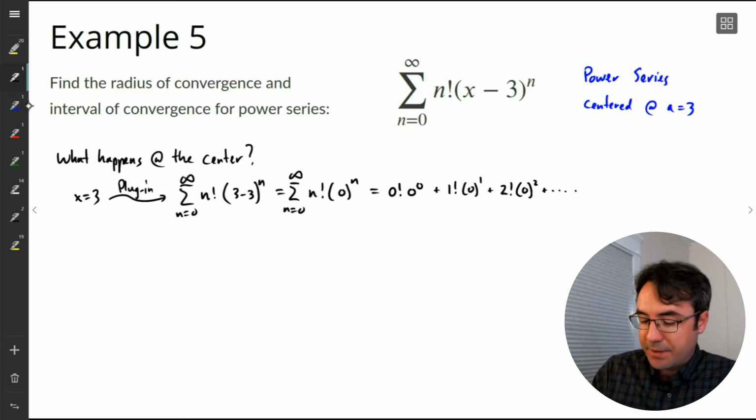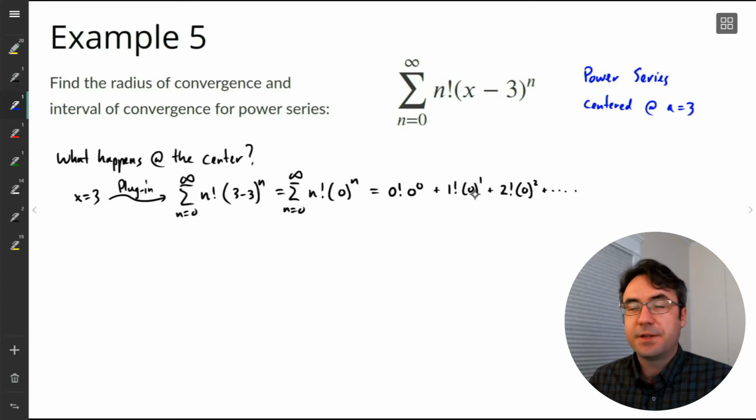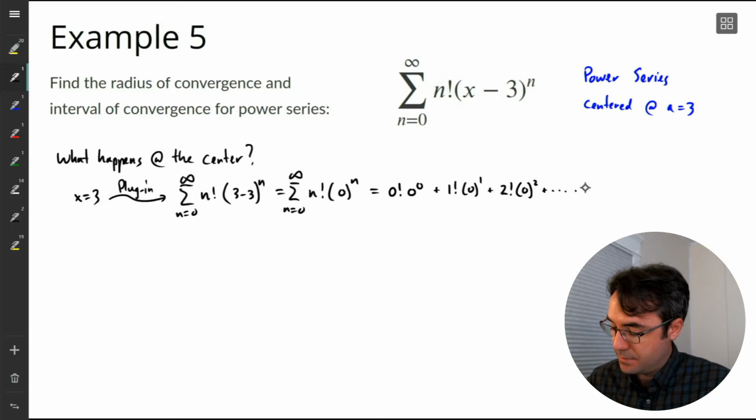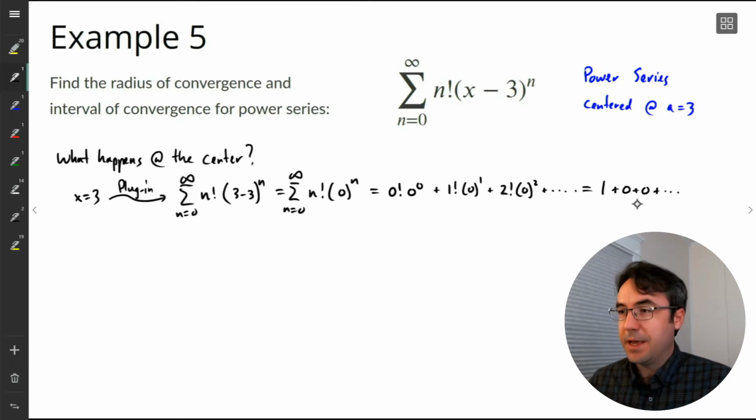And when we look at this, 0 raised to the power 1 is 0. 0 raised to the power 2 is 0. So all of these terms are going to be 0, all except that first one. It's actually going to be 1. So 1 plus 0, and so on. We can actually add those up. So 0 plus 0 plus 0, that's something we can do. It's 0. So the only contribution is from that first term, and it's 1.